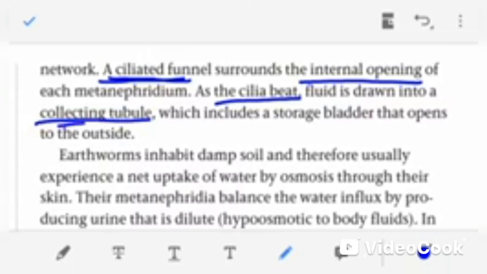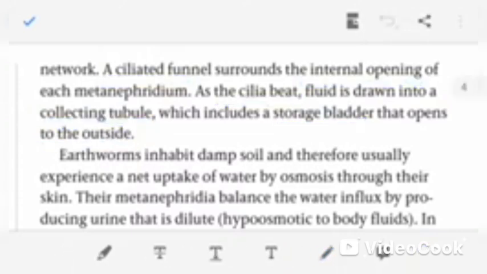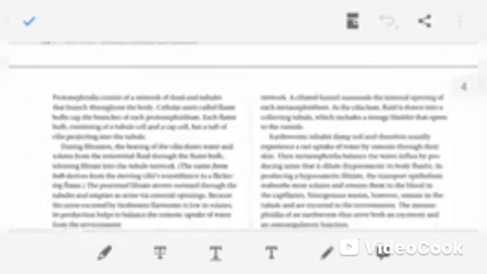Then this fluid passes to the bladder, and finally the fluid is expelled through the opening present on the body surface. But before that, a reabsorption process takes place.